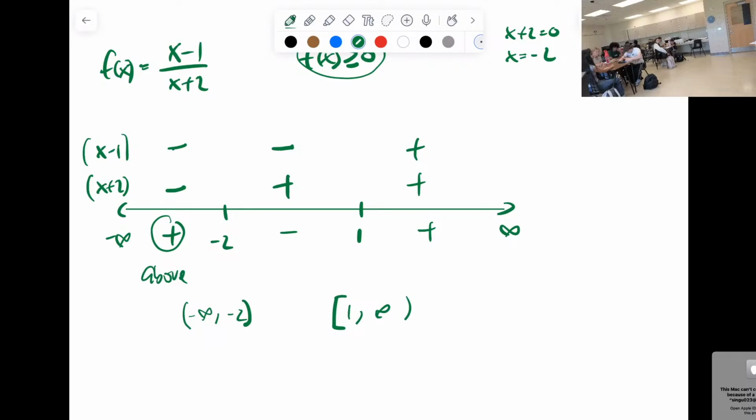This is a bracket. -2 is a parenthesis because you cannot equal -2. Because -2 is going to cause the denominator to go to 0. If the denominator goes to 0, it's what? It's undefined. It's also known as a vertical asymptote. Is this okay?